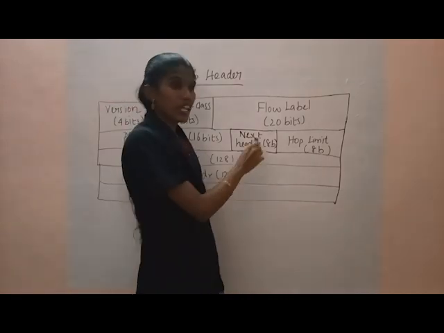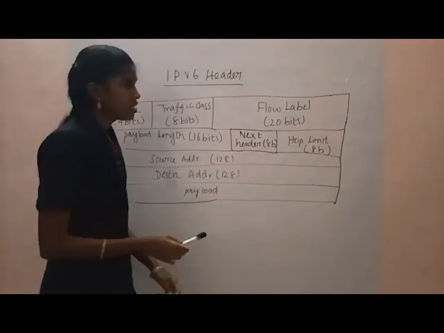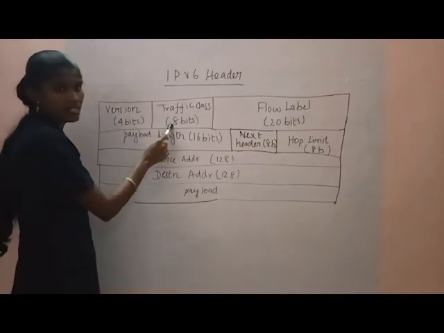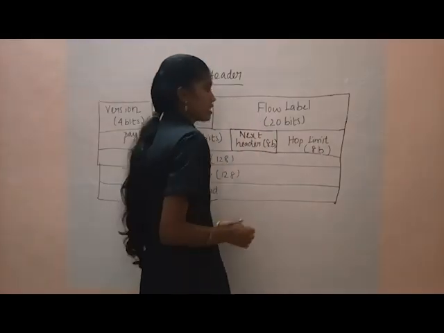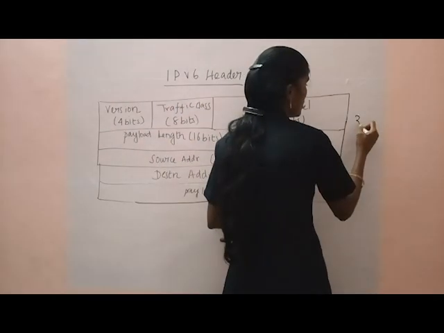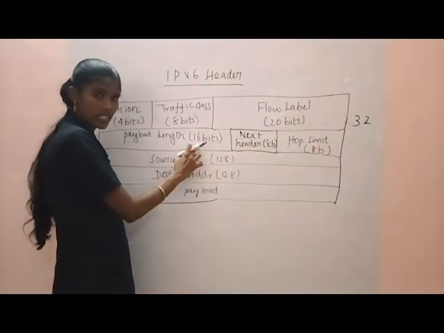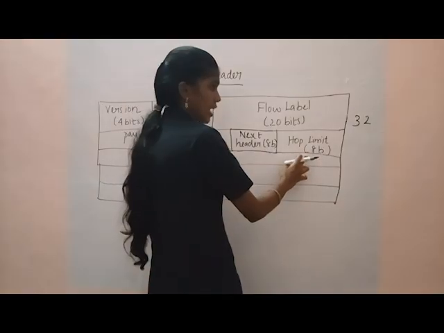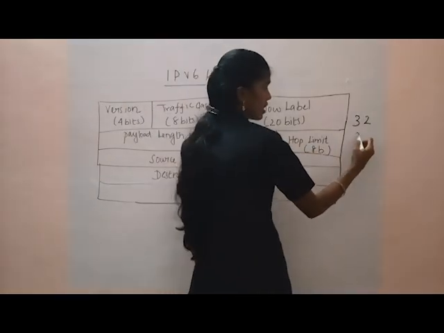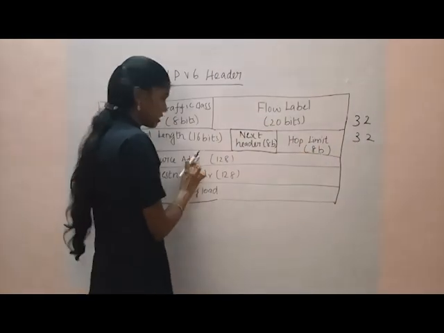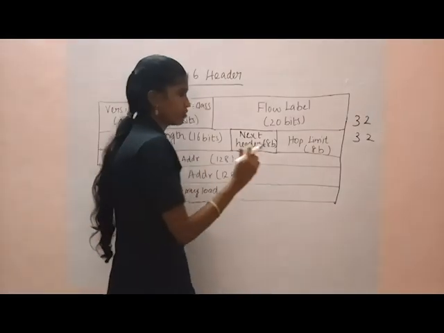Now we have to calculate the entire size of the packet, and here 4 plus 8, 12, and 20, that we can write as 32. The next, here this is 16, this is 8, this is 8. Totally here also we have 32, and this consists of 128 and this consists of 128.